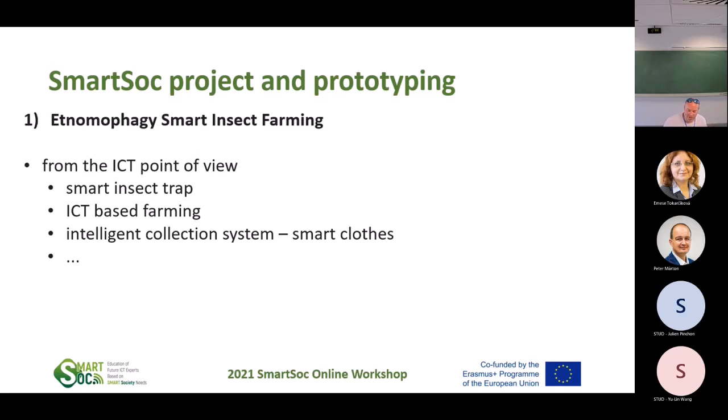So now I see the main innovation is the idea of the insect farm. It would not be so European to kill the insects, but you want to make a farm for insects to make them grow.